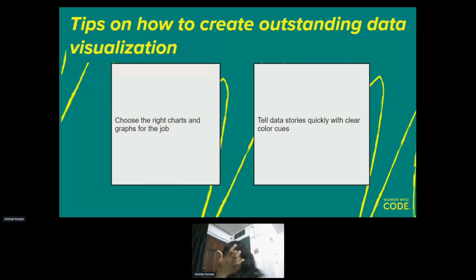For instance, when you are trying to show a decline in price for a particular cryptocurrency, you should not use green, because the human mind goes to red when there's a decline. So for decline, make sure you are using red. For profit or increase in price, you can use green.